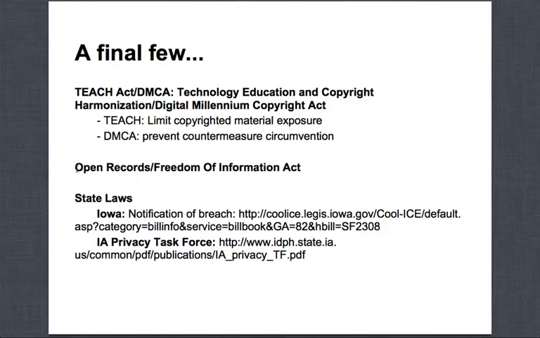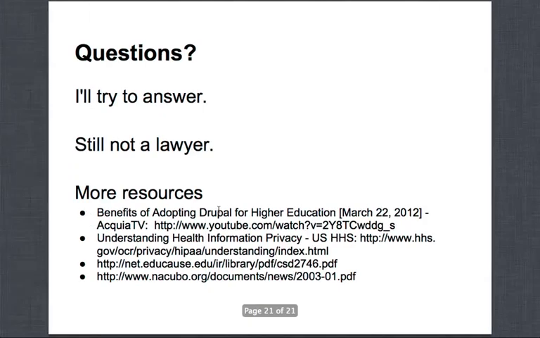So if the university is broken into, they have to notify everybody of a breach. And there's some more outlines of things that could possibly be on the docket listed in this Iowa Privacy Task Force document. This was a study put together by the Vilsack administration, and one of the things it came up with was this notification of breach law, as the federal level didn't have what they thought were strict enough reporting requirements.